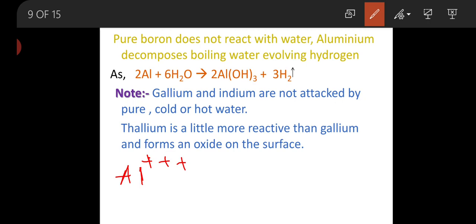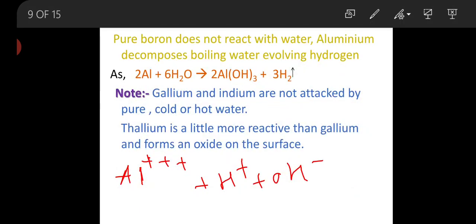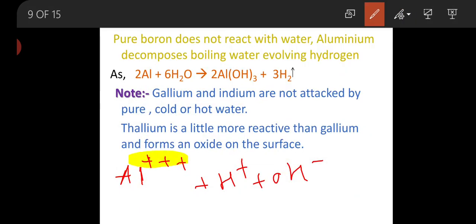Okay, and here the H2O molecule decomposes as H plus ion plus OH minus ion. So after this ionization reaction, it is clear that aluminum has plus 3 valency and OH has minus 1 valency.